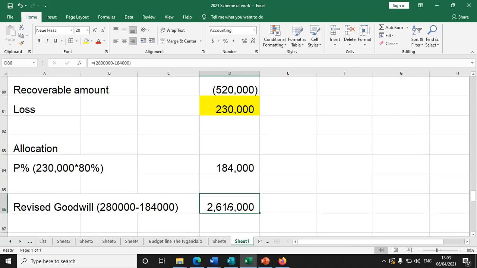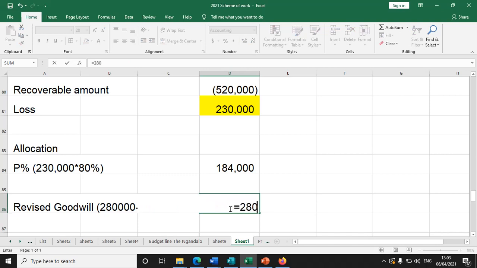Oh, that is too much. Okay, let's do it again. 280,000 minus 184,000. I've got 96, so that will be our revised goodwill.